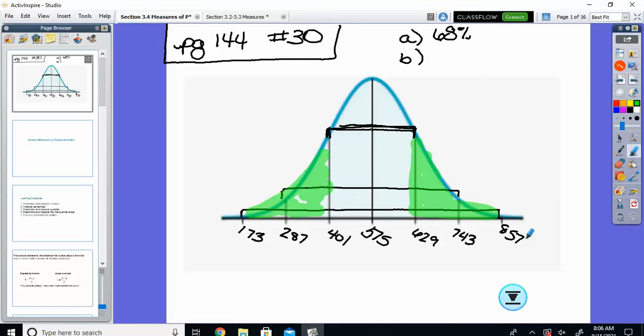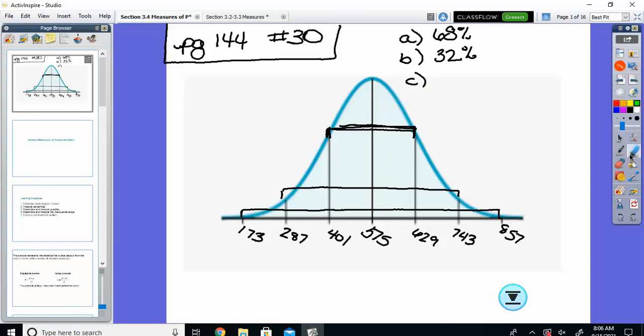You could add up all those percentages. You could also use our answer in part A. We know the percentage of that middle block is 68. And the percentage of the whole is 100. So what could you do? Subtract. So 2 different ways: 100 minus 68, or add those up, and you should get 32% for that.